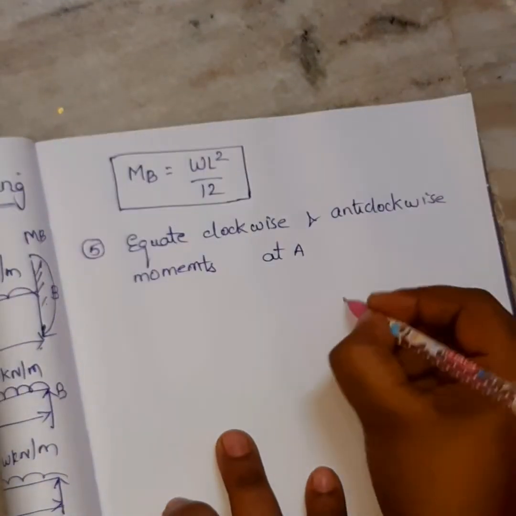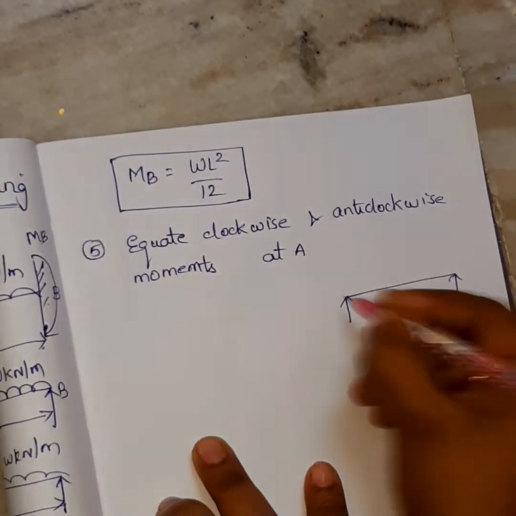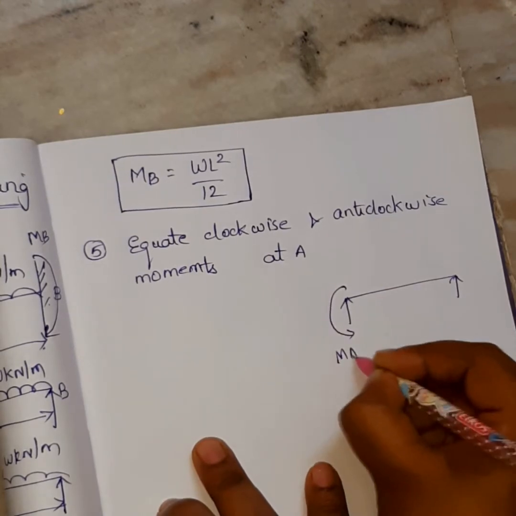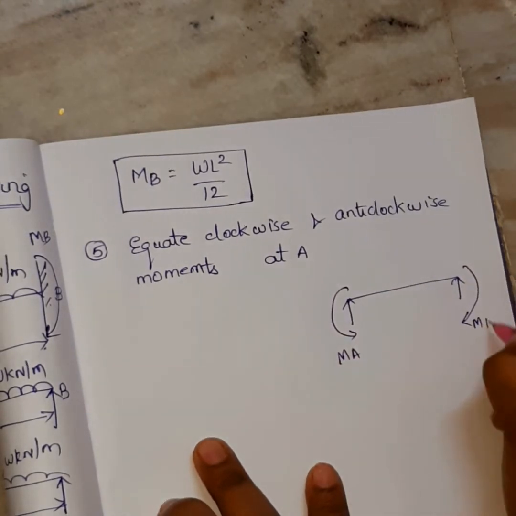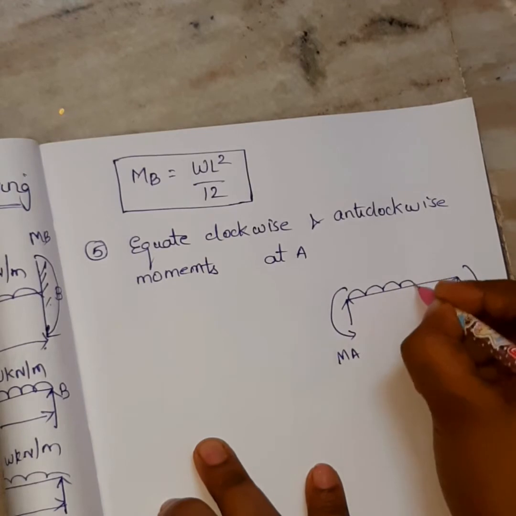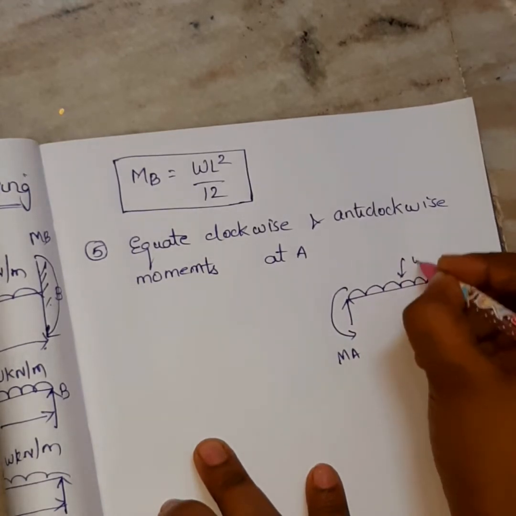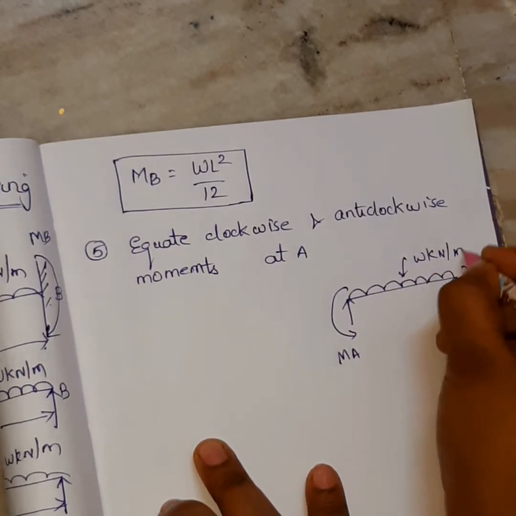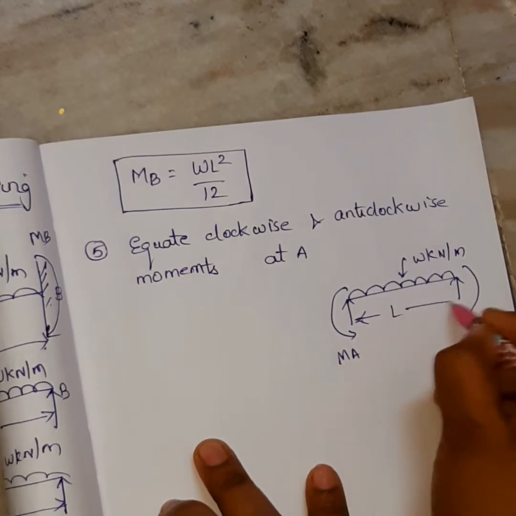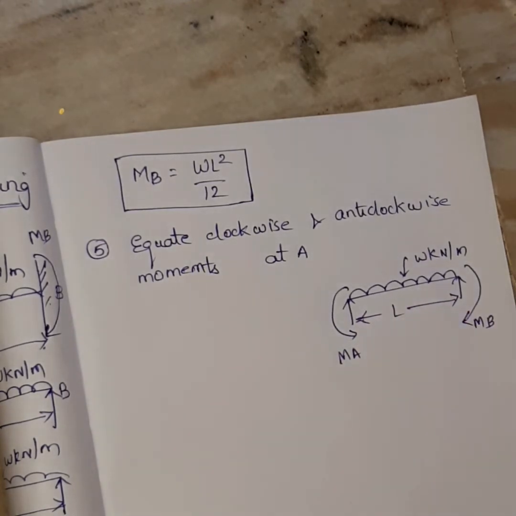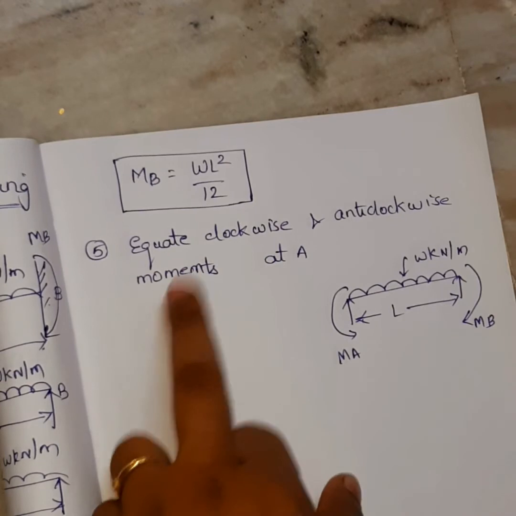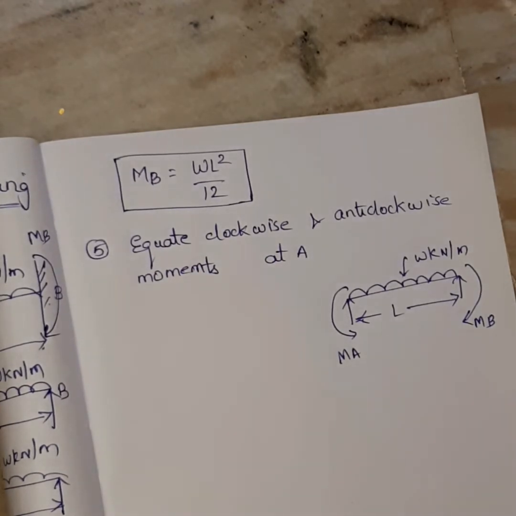So here I am clearly explaining to you. Clockwise and anti-clockwise moments means towards A. So this is the moment at A, this is the moment at B, and next, the UDL is acting, W kilonewton per meter, and this is my length L. Why we are using this step is for calculating the reactions RA and RB.